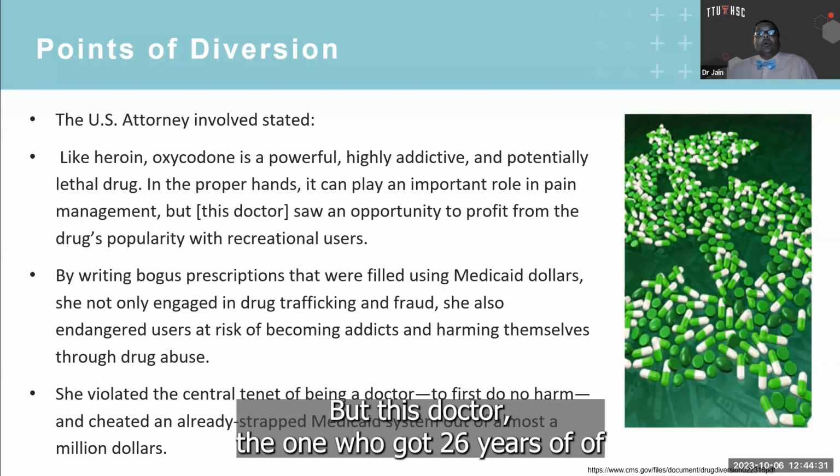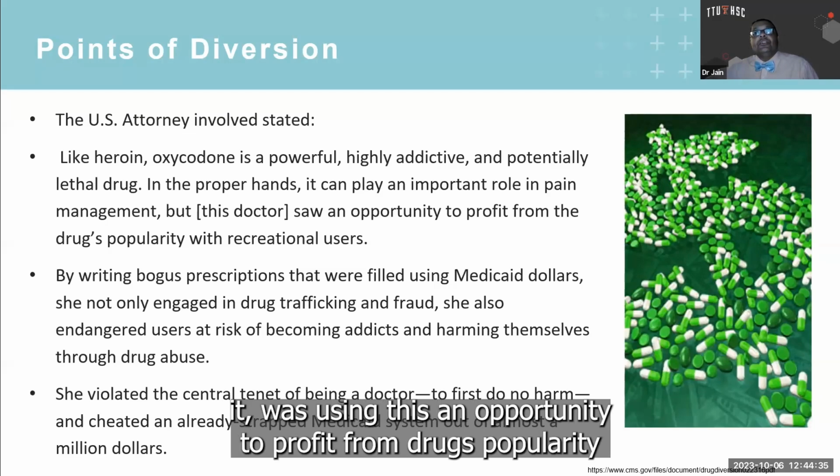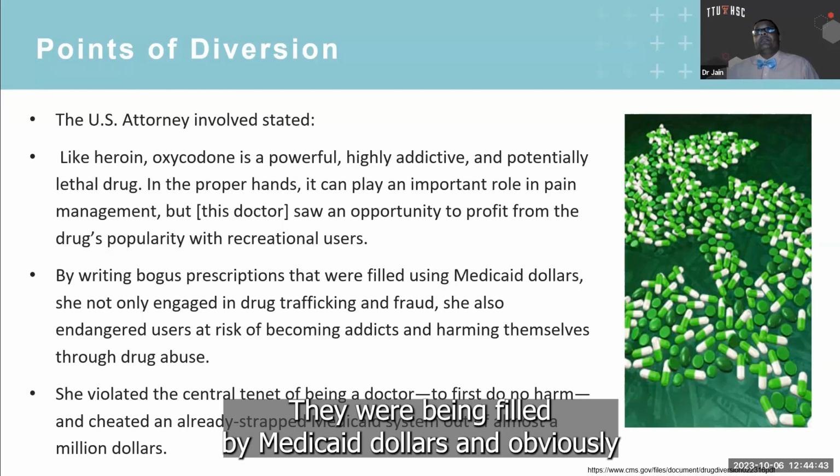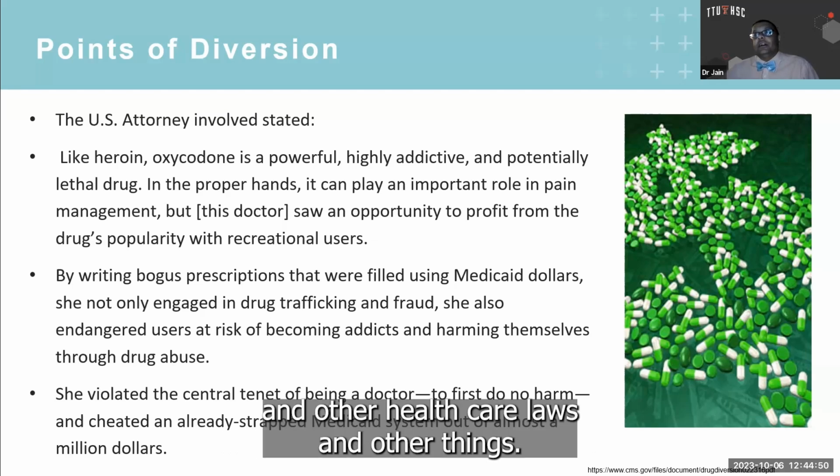But this doctor was using this as an opportunity to profit from the drug's popularity with recreational users. And he or she was writing bogus prescriptions that were being filled by Medicaid dollars, and obviously violating a number of other healthcare laws and other things.